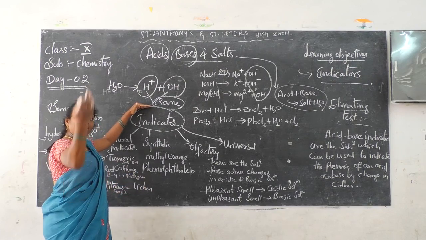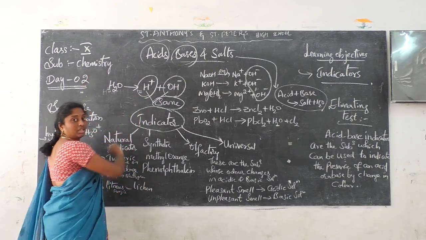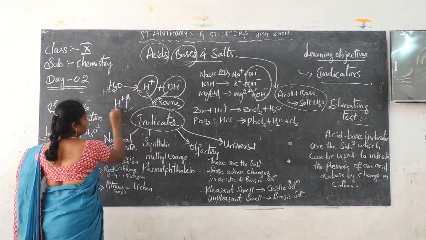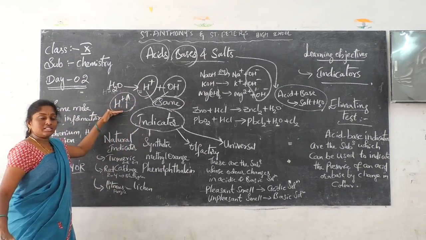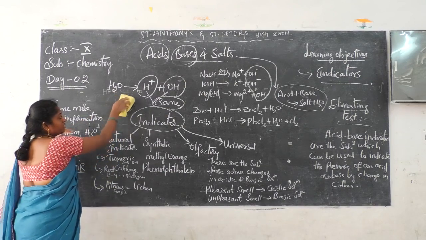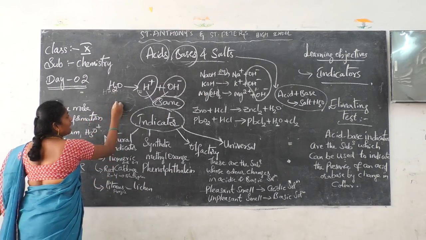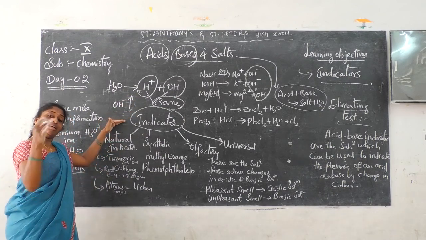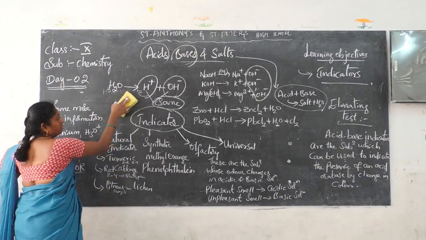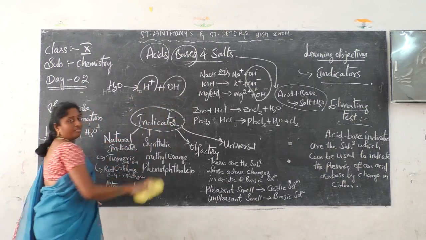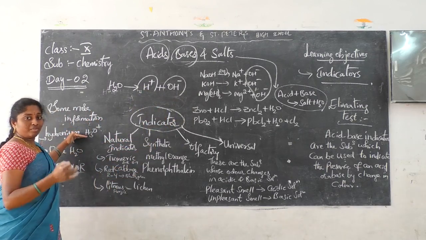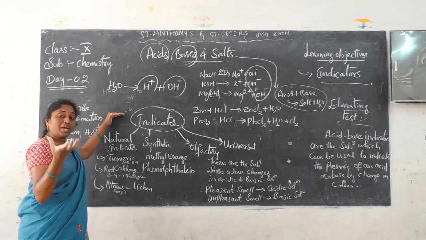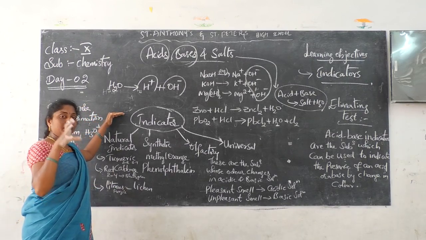But whenever you add acid into this water, the hydrogen ions, the H plus ions, will increase. Then it becomes an acid. In place of H plus acid, if you add a base, OH minus ions will increase. Then it becomes a base. Is it clear to all of you? So I gave two more pieces of information about the acid. Not only H plus, even the hydronium ion comes under an acid.